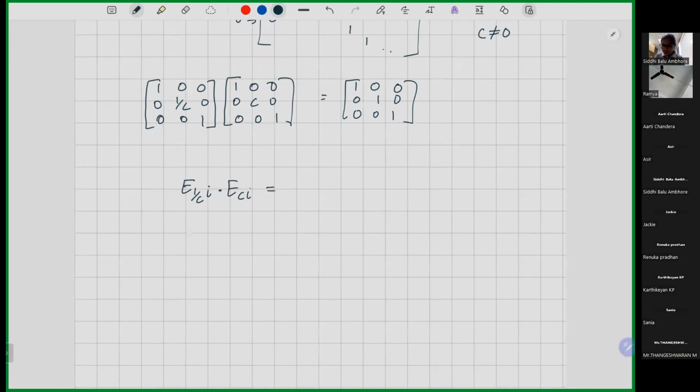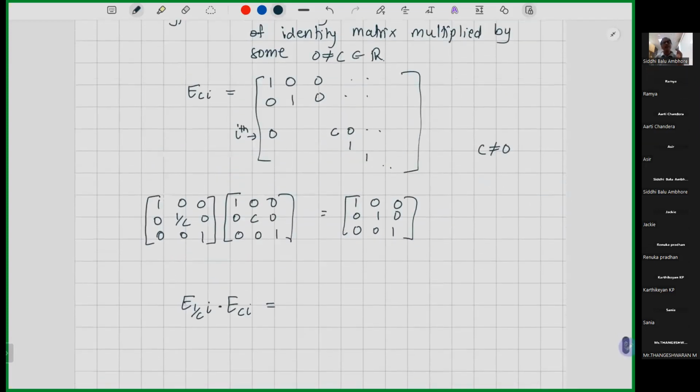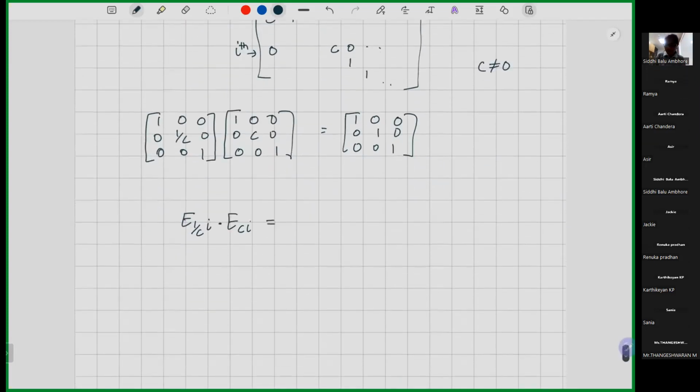Okay, and you can check that clearly, because what any elementary matrix of this form does, it multiplies the entire row by this scalar here. Everything was fine. Everything was 1, 0, 0, 0, 1, 0.